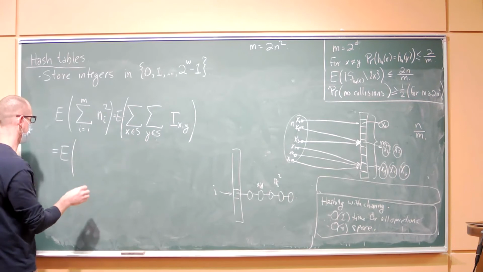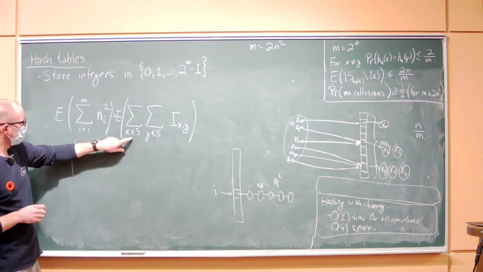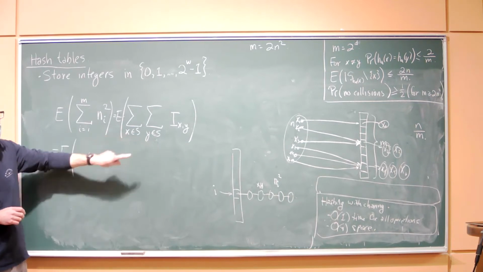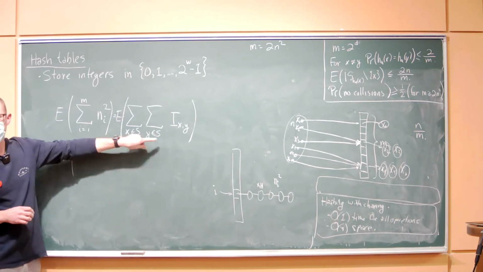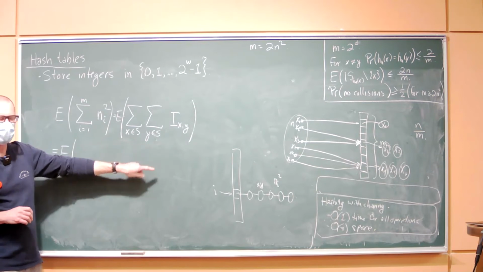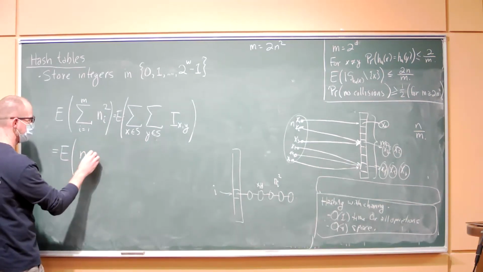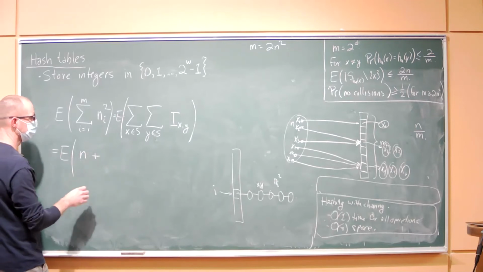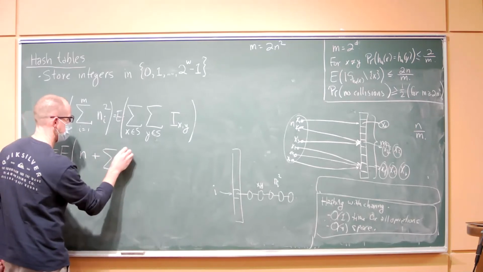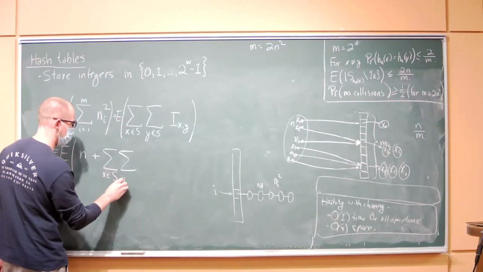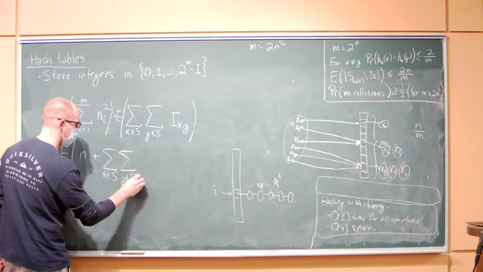So let's get rid of that. How many things are there where x and y are the same? There's exactly n of them, and in that case h of x equals h of x, which is always true. So if I get rid of those, there's going to be n things, and now I can take the sum only over the ones where they're different, that is, where y is in the set but not equal to x.